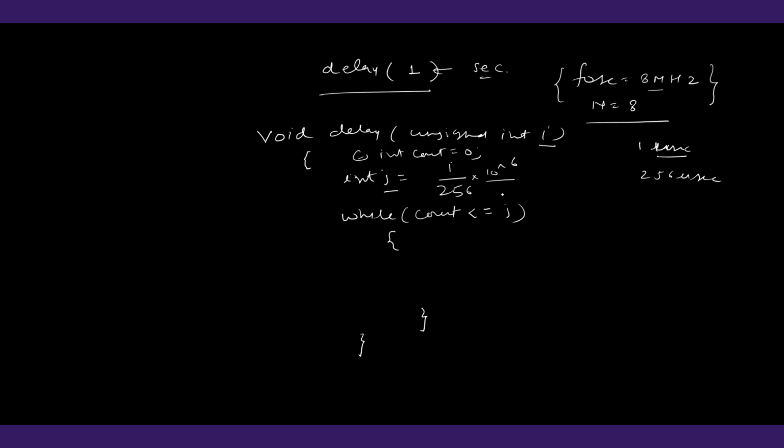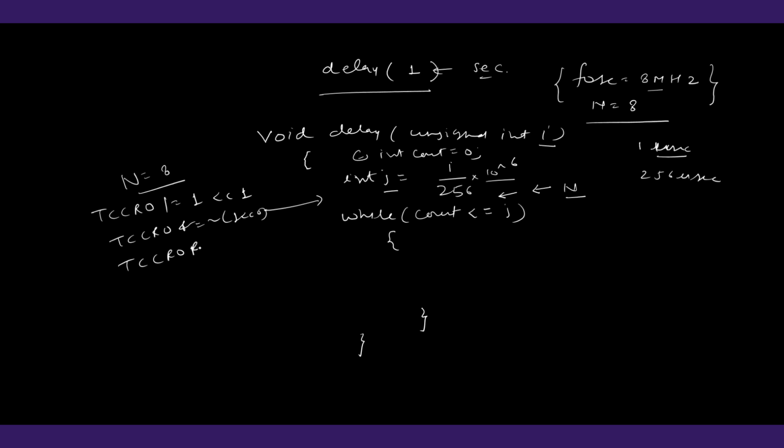Before that, we have to write statements to start the timer, which is done by configuring n. So the statements corresponding to the configuration of n have to be inserted here. There will be 3 statements to select n equal to 8: TCCR0 |= 1 << 1, TCCR0 &= ~(1 << 0), and TCCR0 &= ~(1 << 2).